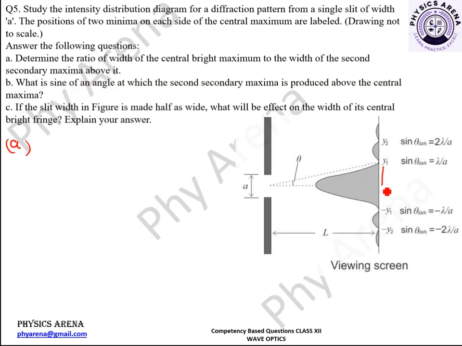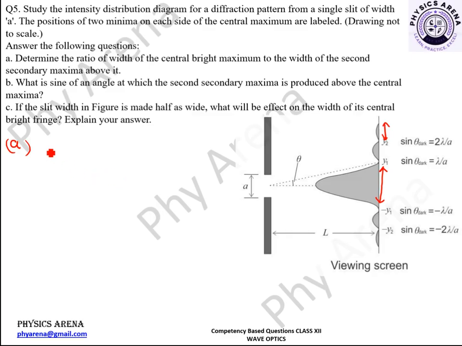So this is the width of the central bright maximum, and this one is the width of the secondary maxima above the central maxima. So we need to take the ratio of this.